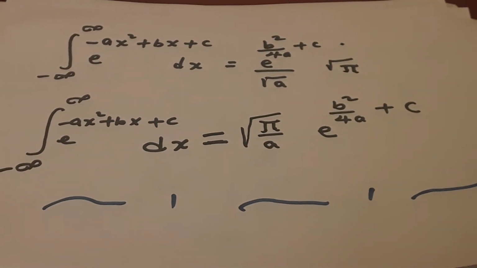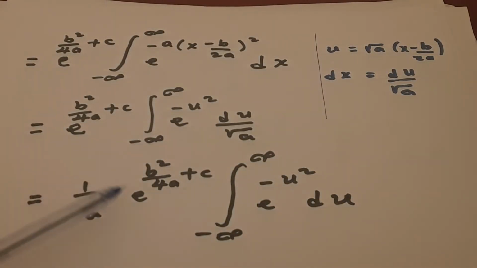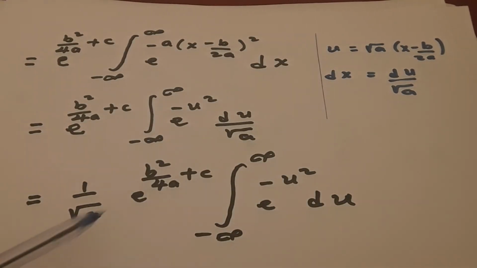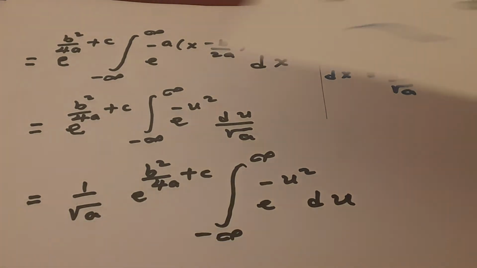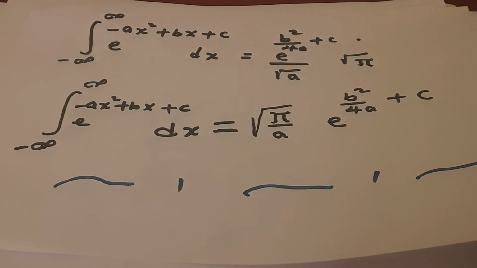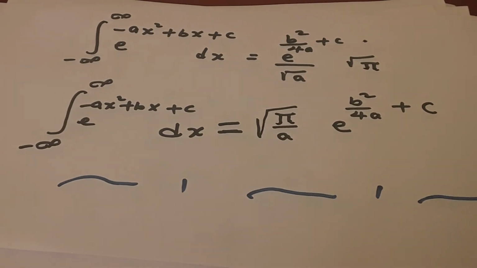So we get e raised b squared over 4a plus c, over square root of a, times square root of pi. I use square root of pi only, since this resulted from the Gaussian integral, which we derived earlier for e raised minus x squared dx.